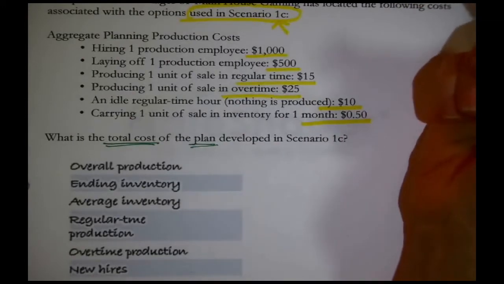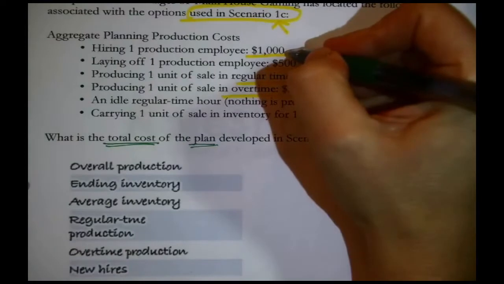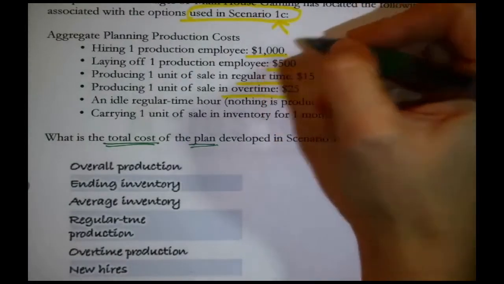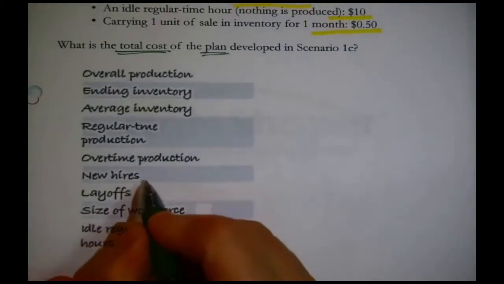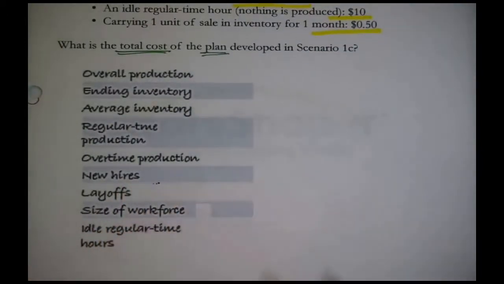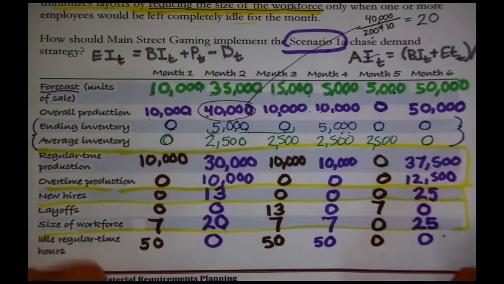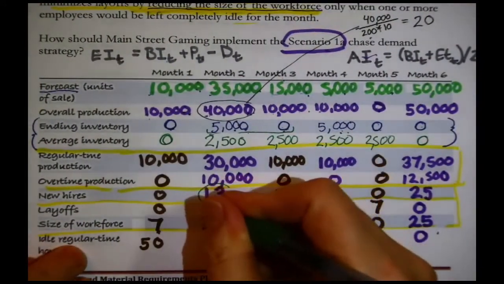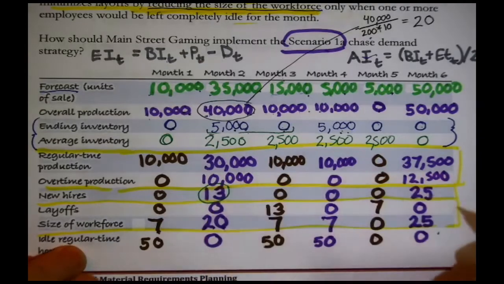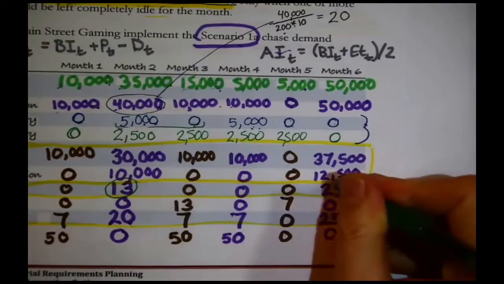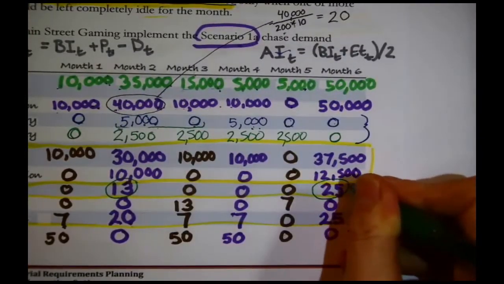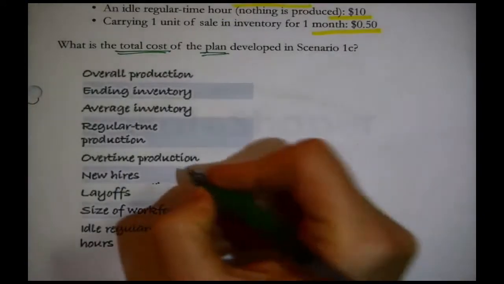For instance, it says hiring one production employee, $1,000. New hires was a feature in our plan. Did we ever hire anybody in our plan? New hires. Oh yes. We hired 13 people for the 2nd month and 25 people for the 6th month. Okay, think invoice.